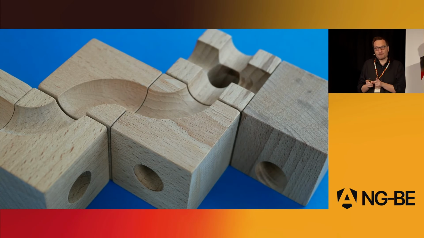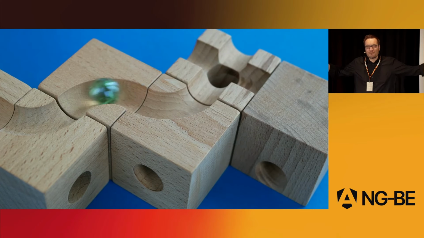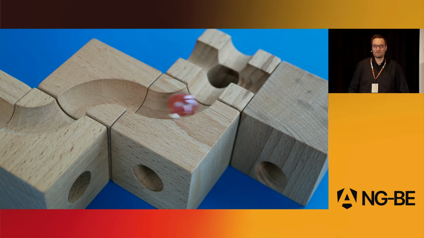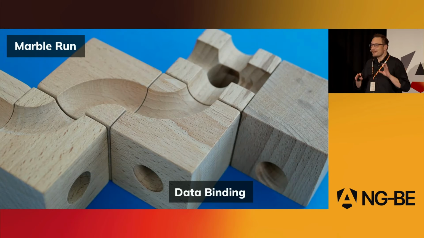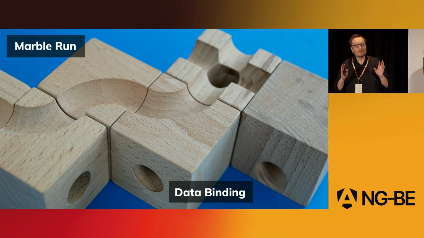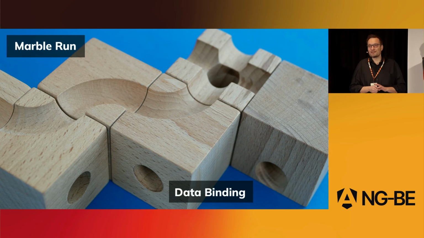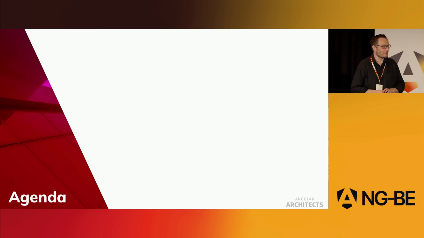Sometimes a marble can be split into several marbles, and sometimes several marbles can be joined into one. And what we get at the end of this data flow is some result we want to present to the user. Usually, we do this with data binding. I know there are other ways, but the preferred way in Angular is data binding to present something to the user. And this change in thinking is what this whole presentation is about.